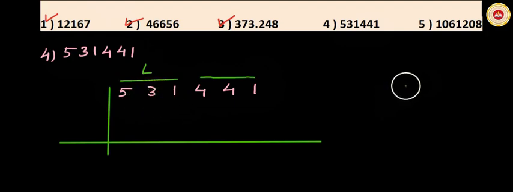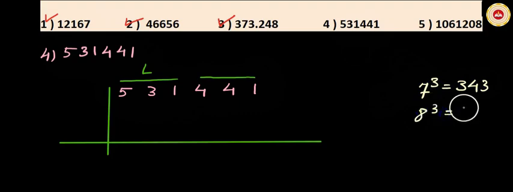Which is that number? 8, I think, because 7 cubed is 343, 8 cubed is 512, correct? So let us write this 8 here.